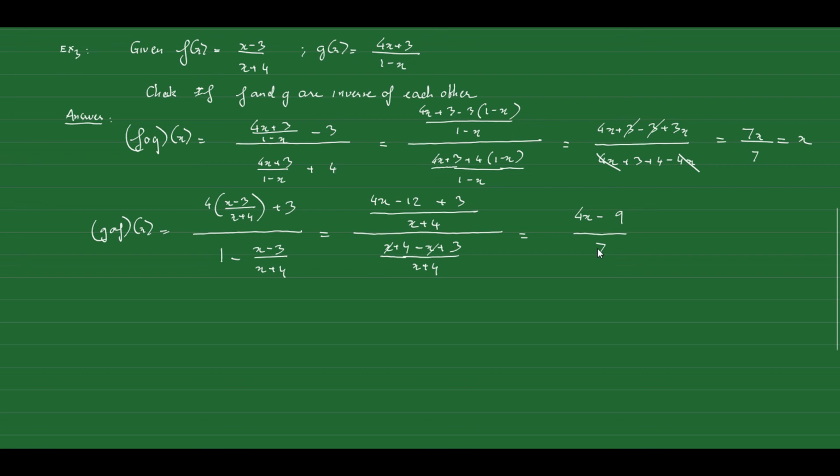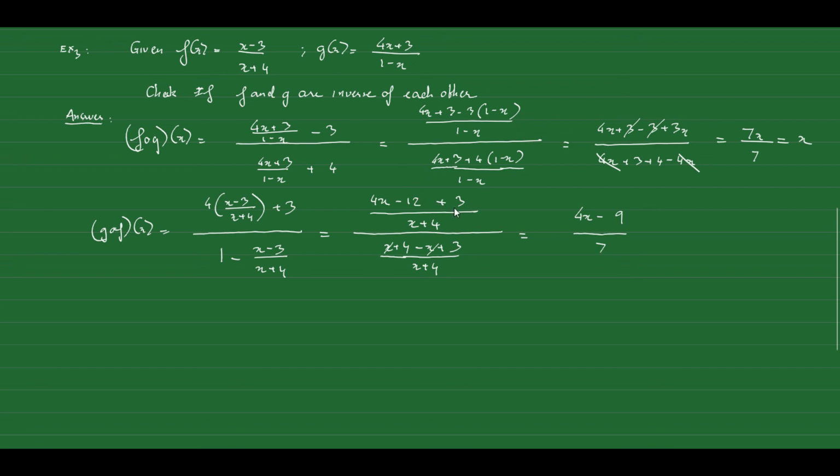Okay. I don't think I have anything wrong, right? It's 4x minus 3 over x plus 4 times 4 over there.